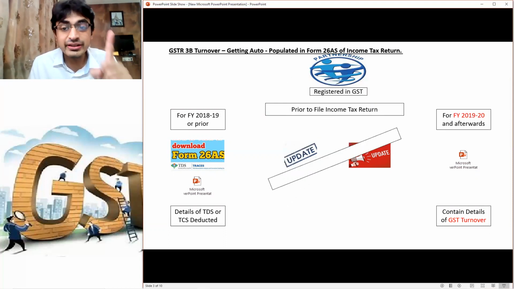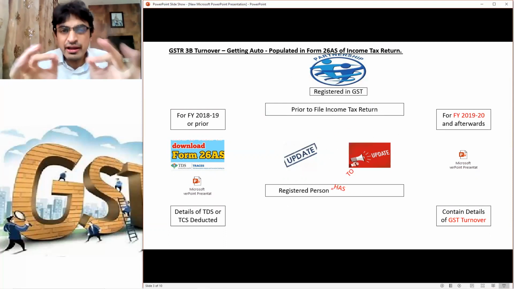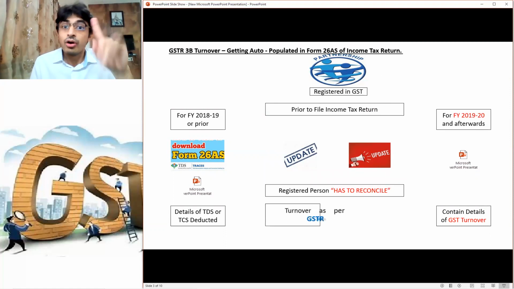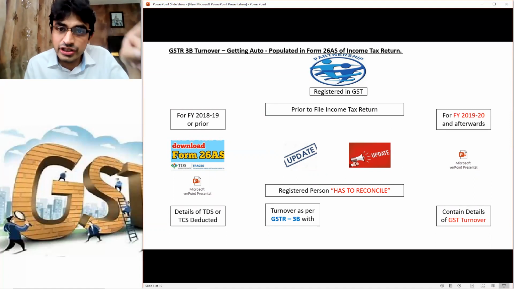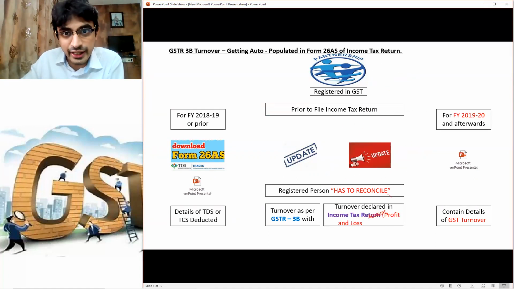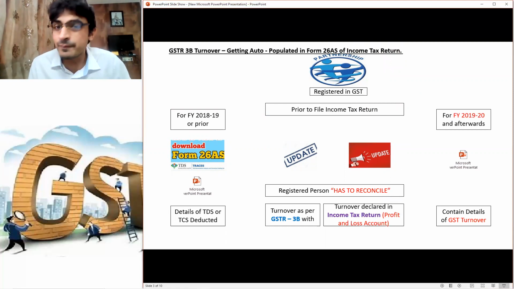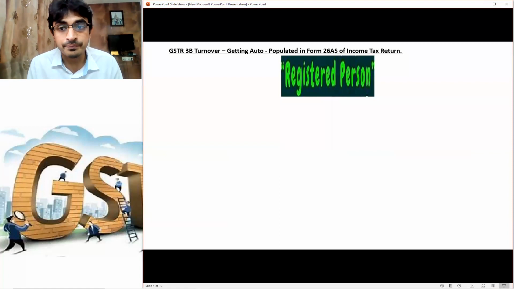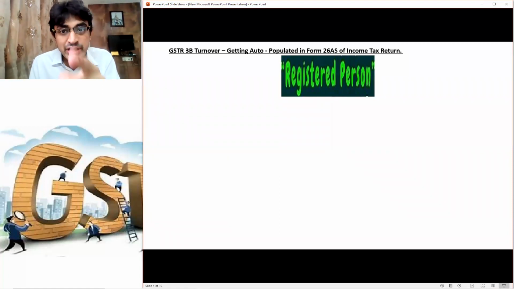Okay, now what you need to do for this? Every registered person now has to reconcile whatever turnover they have declared in GSTR 3B with the turnover that they are going to declare in income tax return as per profit and loss account. It must match, subject to reconciliation. Okay, so now be careful.